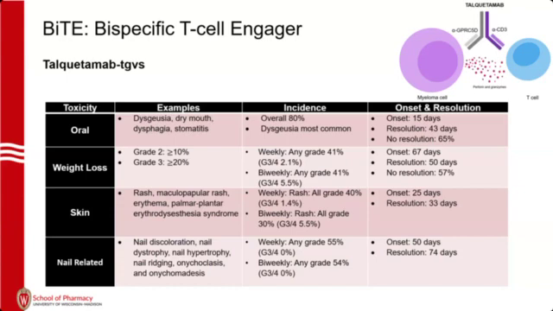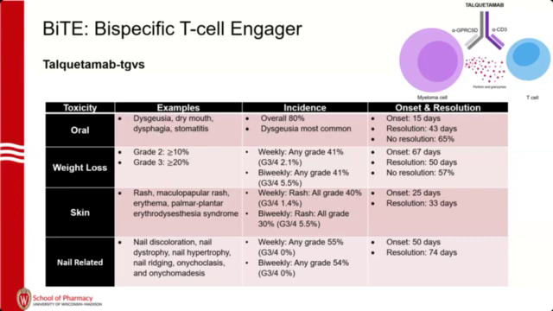We have a lot of dysgeusia, weight loss, skin and nail related complications. You can basically have patients who don't have a taste anymore. You have pretty significant weight loss associated with this process. And I really want to call out on the right-hand side, this slide stolen from Mike Fallon, that the onset and the potentially no resolution of these toxicities may be quite limiting to patients' tolerability or willingness to do this therapy in a relapsed refractory setting.